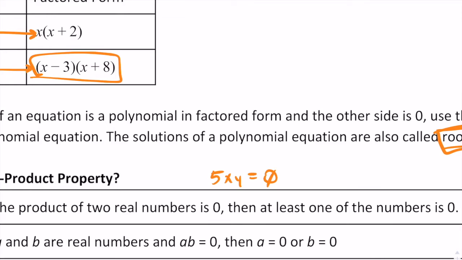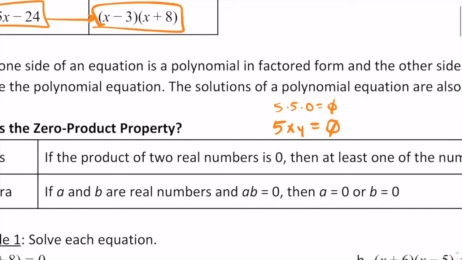Because if I have like 5 times 5 times 0, you get 0, but if you have like 5 times 1, that can't be 0. So that's what the zero product property is saying. It's saying at least one of x or y has to be 0. If a and b are real numbers and a times b is 0, then a equals 0 or b must equal 0. So how can we apply this to algebra?